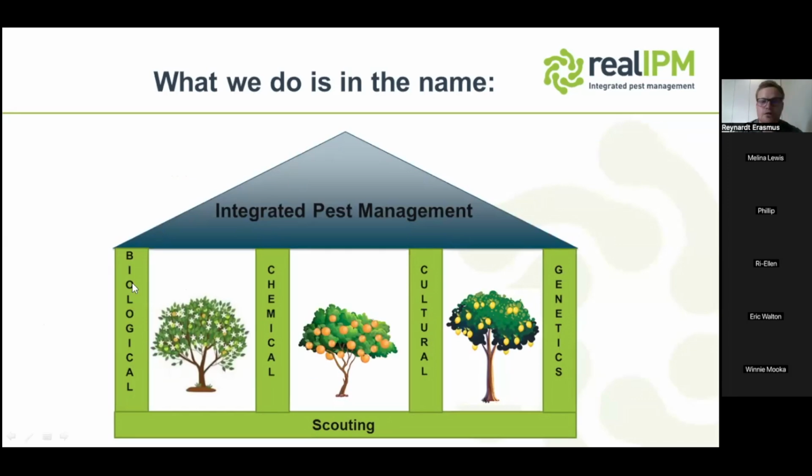These pillars consist of various control strategies that are effectively integrated to give the farmer the best result at the end of the day. These pillars consist of biological control, chemical control, cultural control, as well as host plant genetics. But very important, scouting and monitoring form the basis and the foundation of any well-functioning IPM program.